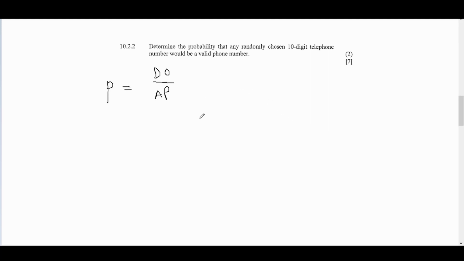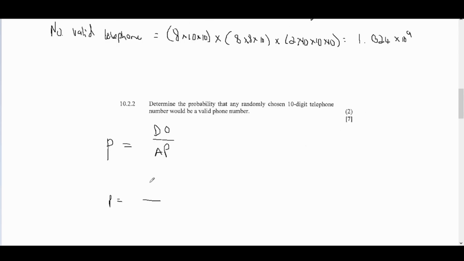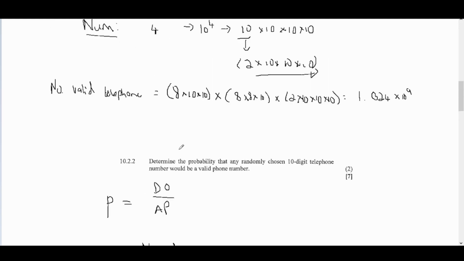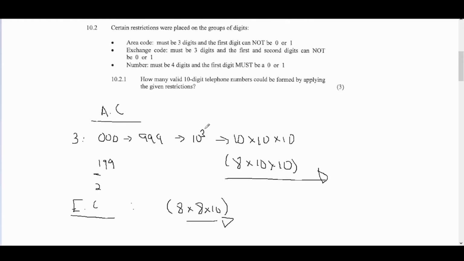Now in this case, our probability is the desired outcomes, which is a valid phone number, which we happen to have calculated in our previous question. So that is the number of valid phone numbers, all over the total, which is what we called the first answer: how many possible 10 digits.